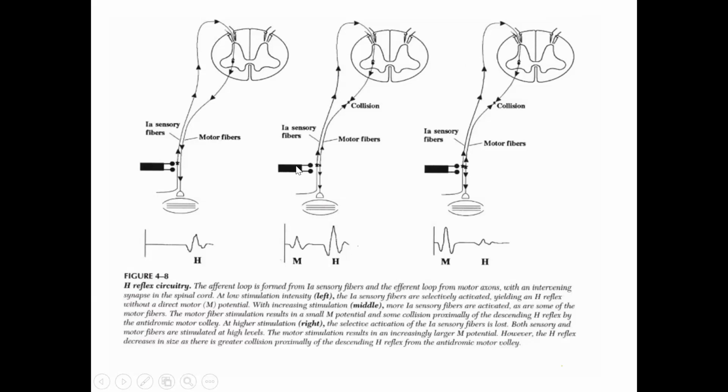So here what happens is the direct stimulation happening from the stimulation site to the neuromuscular junction and muscle. So you get an M response. Okay. But the M response is still low because your current stimulation is still low and a lower number of muscle fibers are getting stimulated. And H response is still big.